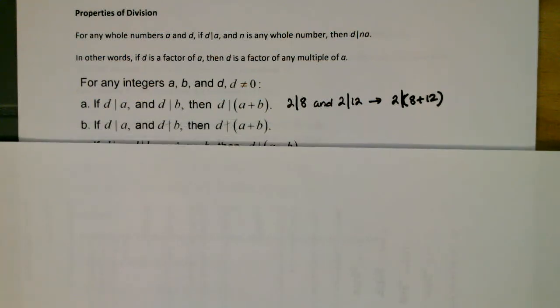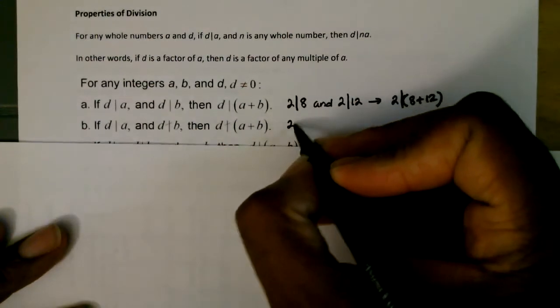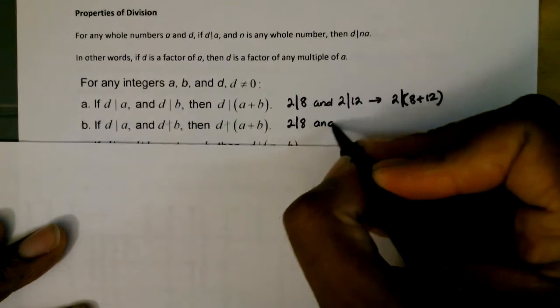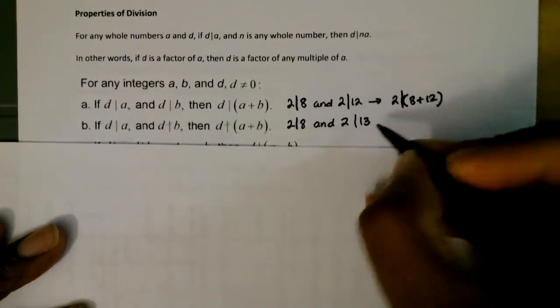Now part B, if D divides A and D does not divide B, then of course D will not divide the sum of A and B. So let's say 2 divides 8, which is true, and 2 divides, let's say, 13, which we know is going to be false.